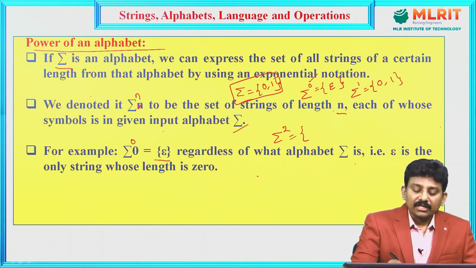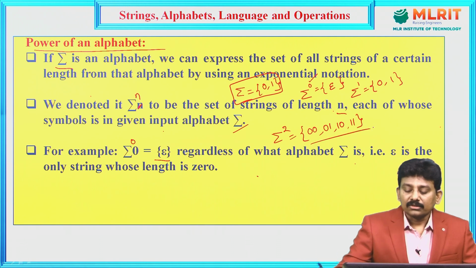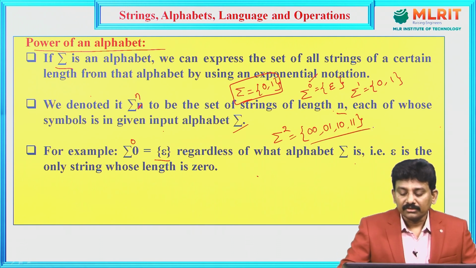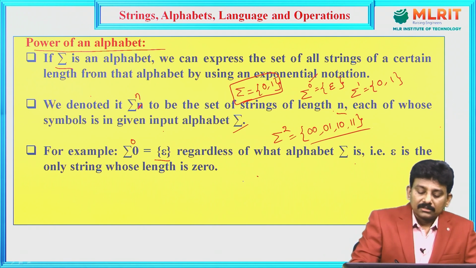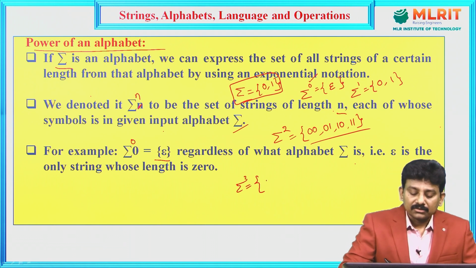From the given alphabet 0, 1, we can give strings whose length is 2, that is 00, 01, 10, 11. Total 4 strings we got with length 2. Next, sigma power 3: the set of strings whose length is 3 over the alphabet {0, 1}.